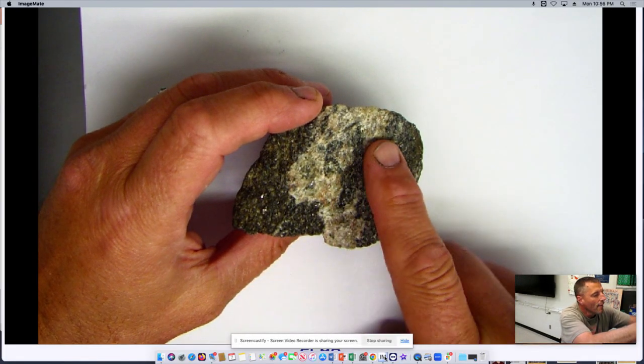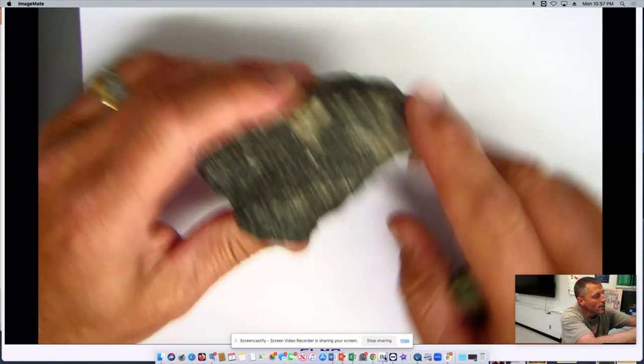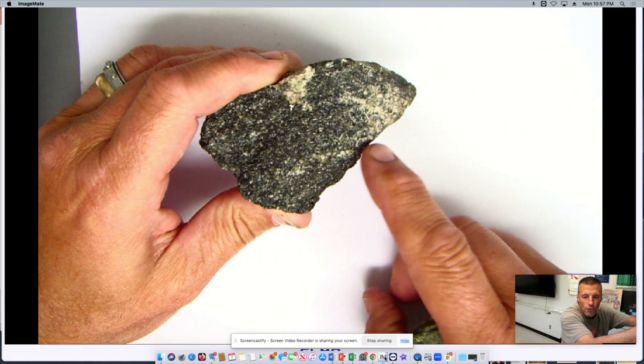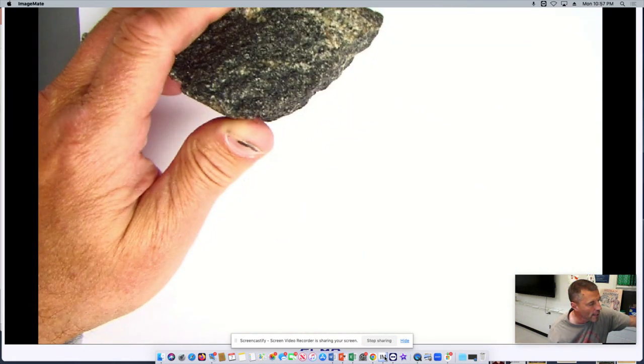There's white, and there's black in between, and white. Maybe here you can see it also, a little streak of white through there. So these bands are foliations.